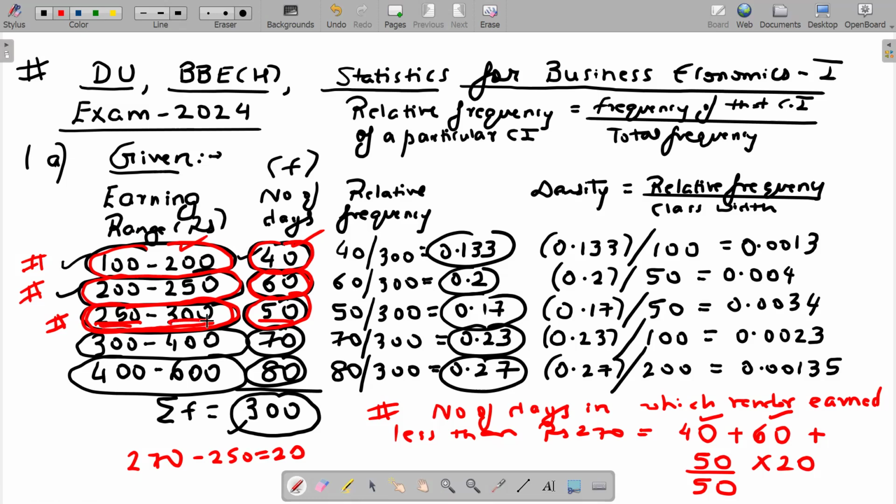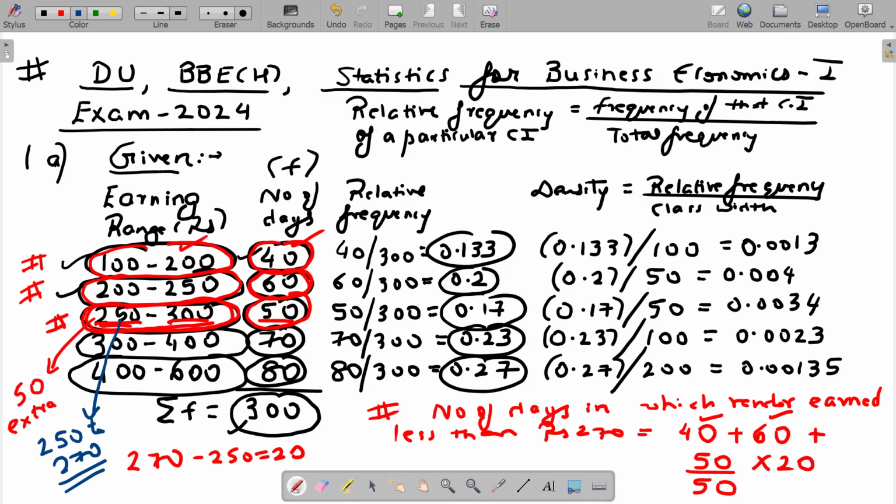If I convert into per day terms, these 50 extra earnings, 250 to 300, are earned over a matter of 50 days. So 50 by 50 gives you 1, and for 20 such days, because I need to go from 250 only to 270. So how many extra rupees? 20 extra rupees.